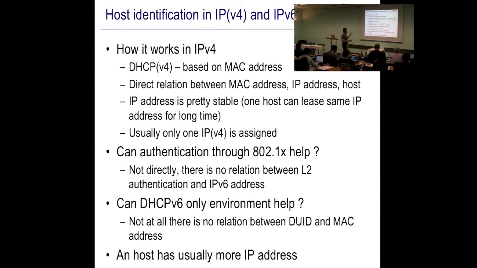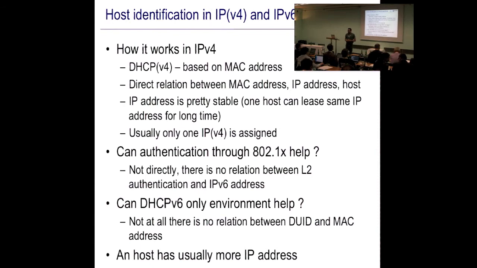Not at all. Many people think that authentication on layer 2 on switches can solve this problem, but that's not true at all, because we don't have a relation between this authentication, which is based on a MAC address, and the IPv6 address. We don't have this information, for example, in the RADIUS server.